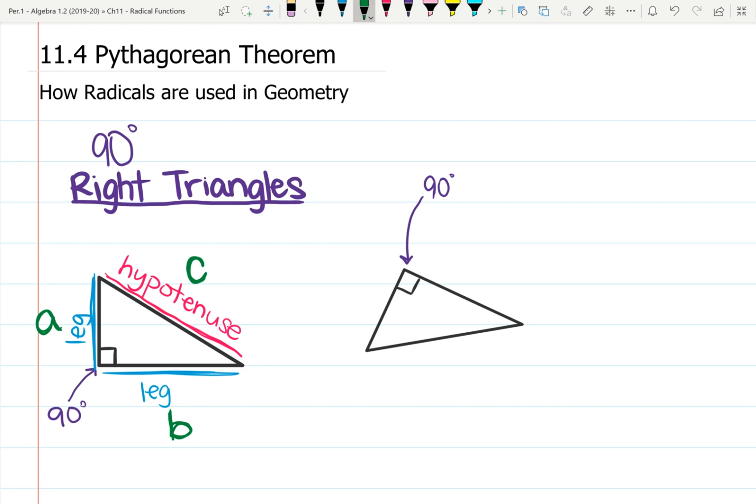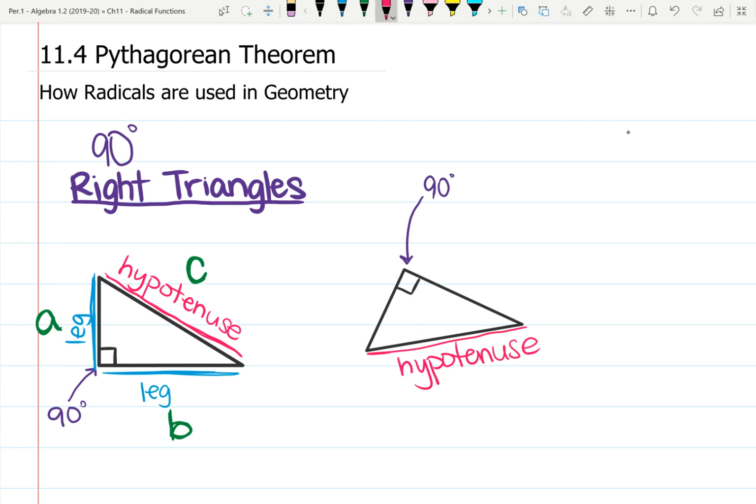So sometimes you have triangles like this one on the right-hand side that are flipped or upside down or funky, right? So this is why it's important that you understand which ones are the legs and the hypotenuse. I'm going to start with the hypotenuse because that's the easiest to identify. This is the hypotenuse, and I can tell that, again, because it's opposite of the right angle.